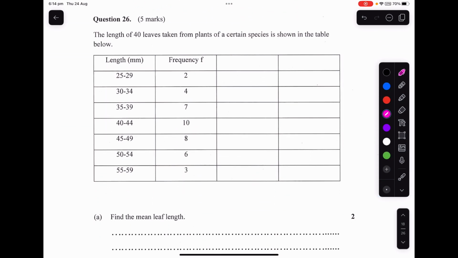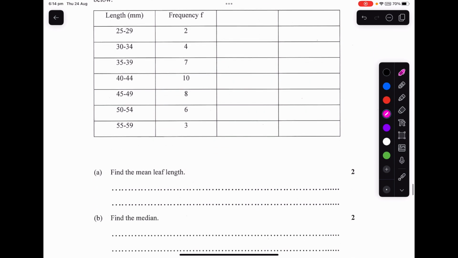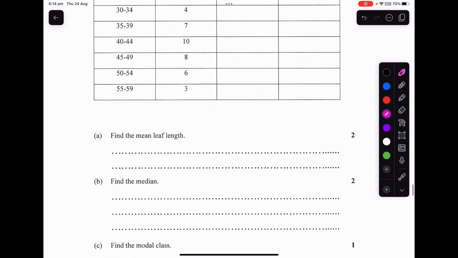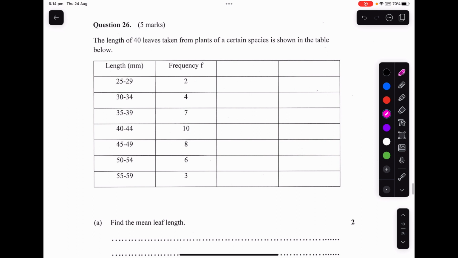Okay, let's look at 26. The length of 40 leaves taken from plants of a certain species is shown in this table below. Find the mean leaf length and find the median. Okay, so remember when we do the mean of a class, so these groups over here, to be able to do that, we need a class center. So we need to find the class center of each of these.